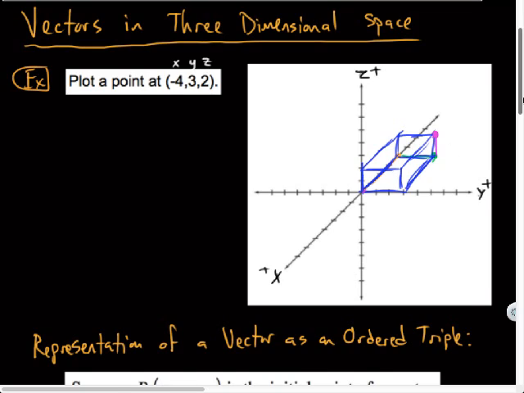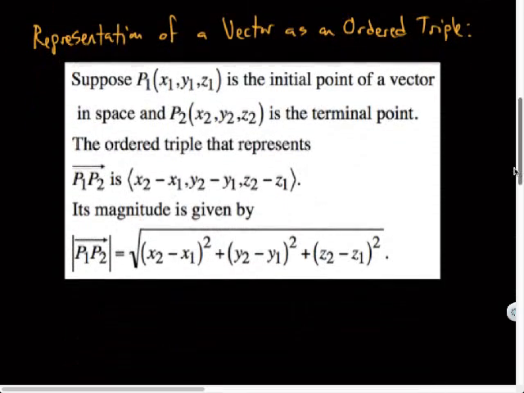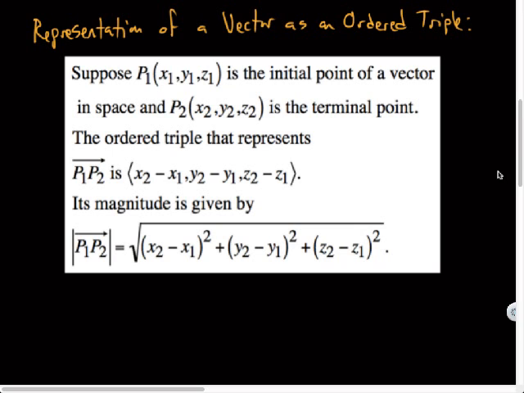So let's scroll on down here and talk about vectors in space. If I want to represent a vector as an ordered triple, that's right, triple, because there's 3 dimensions. Suppose point P1, (x1, y1, z1), is the initial point of a vector in space, and P2, which is (x2, y2, z2), is the terminal point, okay?